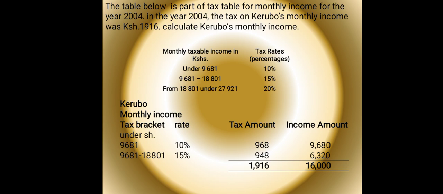This has been taxed at 15%. Now, turn that into 100%, we get that it is 6,320. So, add the total, we get that his total income is 16,000.